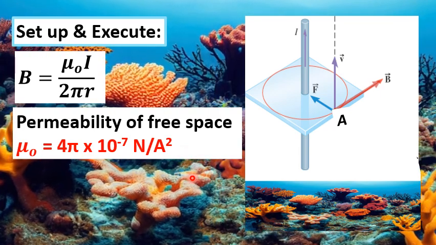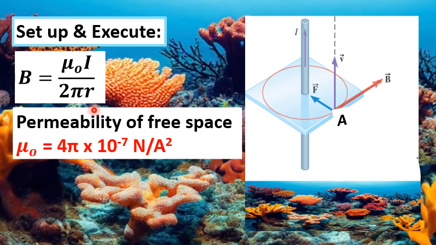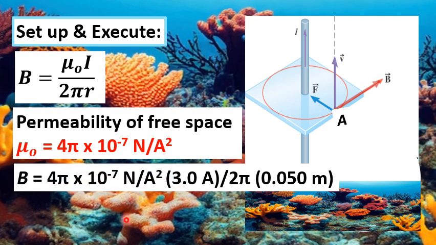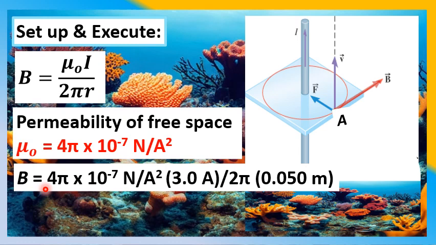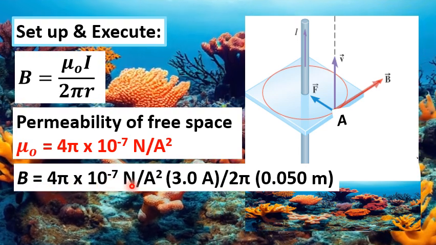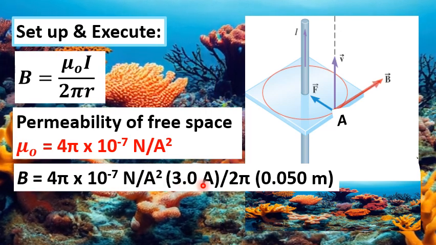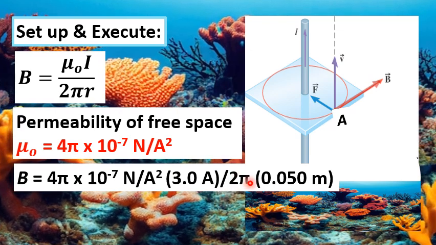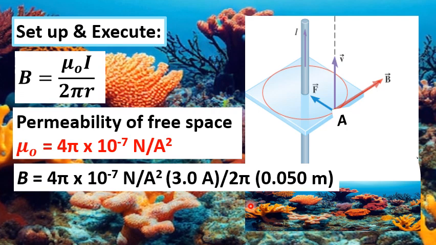So if you're going to plug the quantities in this equation, we will get magnetic field B equals 4 pi times 10 to the negative 7 newton per ampere squared times 3.0 amperes divided by the product of 2 pi and 0.050 meters.